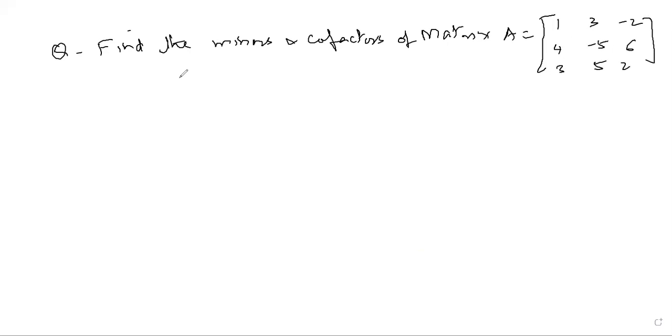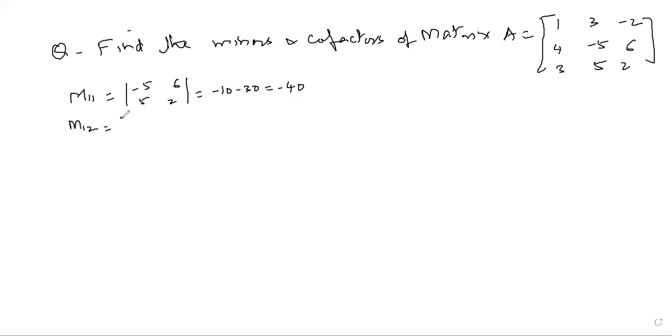First, always find the minors. M11 will be the determinant of minus 5 6, 5 2. Minus 5 times 2 is minus 10, minus 6 times 5 is minus 30, so minus 40, M11.